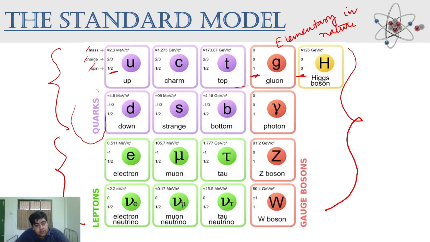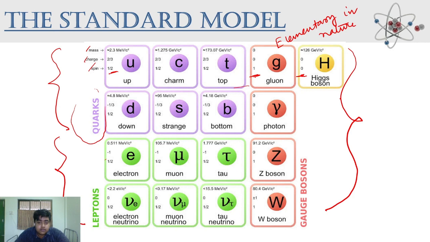A quark is an elementary particle which is found inside hadrons. We discussed hadrons just a few minutes ago. So hadrons are nothing but composite particles which comprise of these quarks.